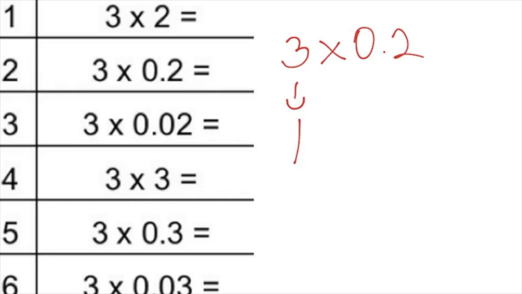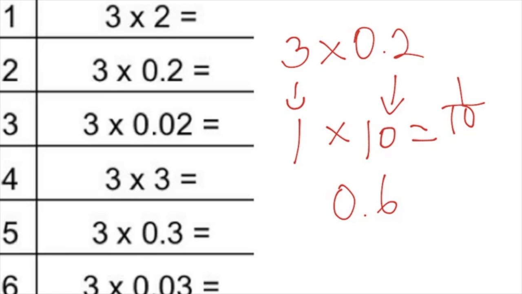I'm going to put a 1 times, and the 2 is in the tenths place, which means our answer will be in the tenths place. So 3 times 2 is 6, but our answer is going to be in the tenths place, so it's 6/10.